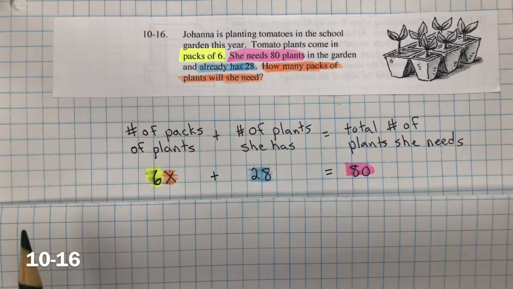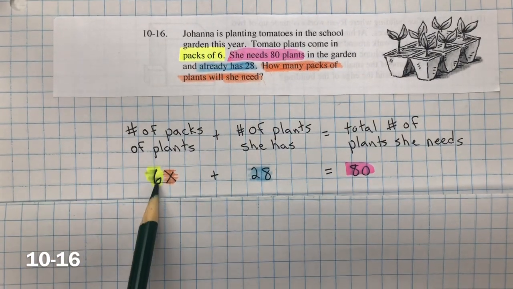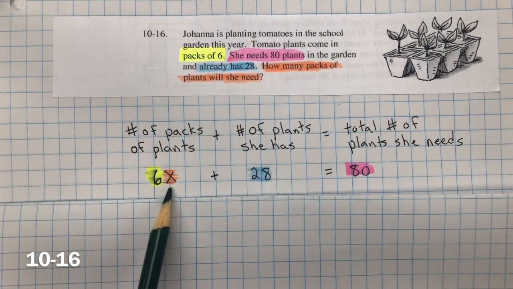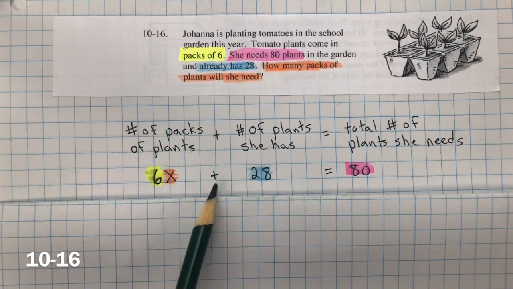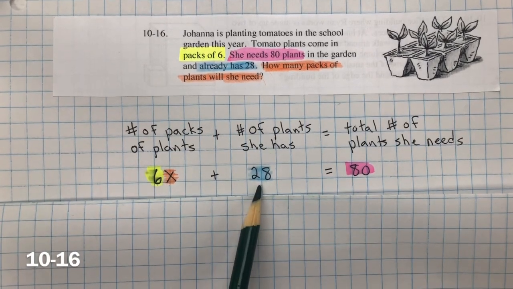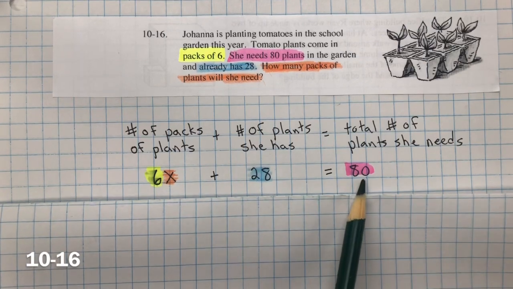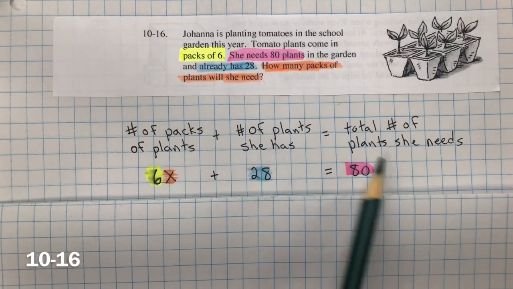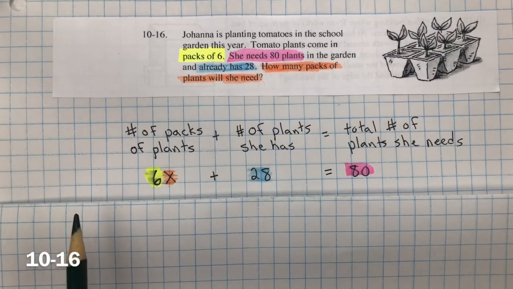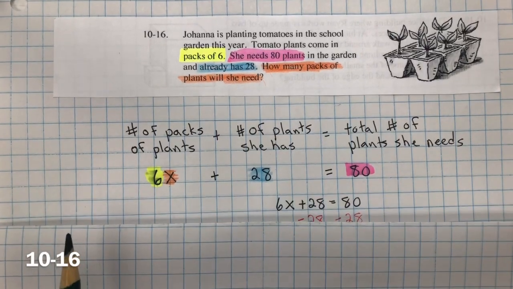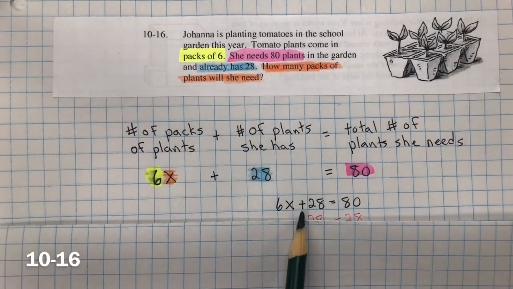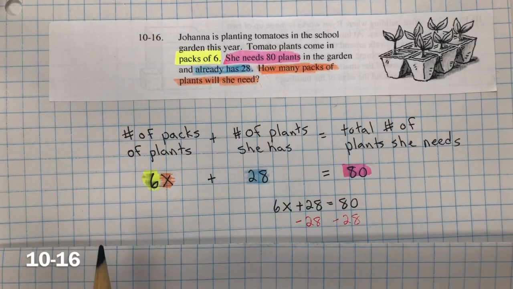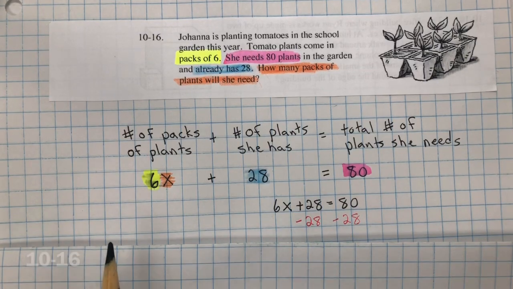So here we have 6 plants in each pack, and we don't know how many packs she needs, plus how many plants she already has equals the total number she needs. So now I'm just going to solve this equation. Inverse property of addition is subtraction. Subtract 28 from both sides.